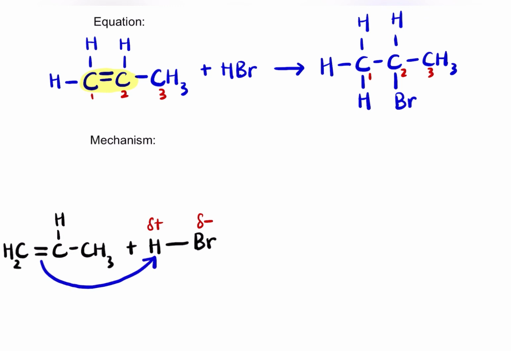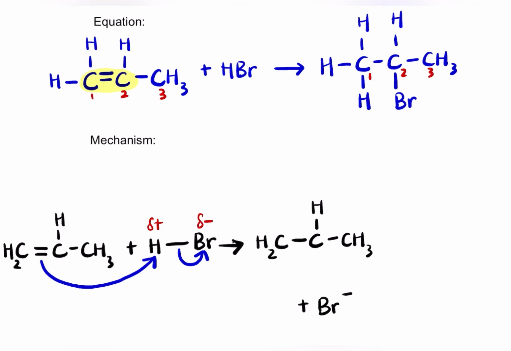Use a full-headed arrow, which means you move 2 electrons here. And here from this bond to the electronegative atom Br. My product will be H2C, single bond C, and then H, and then CH3 plus Br minus.